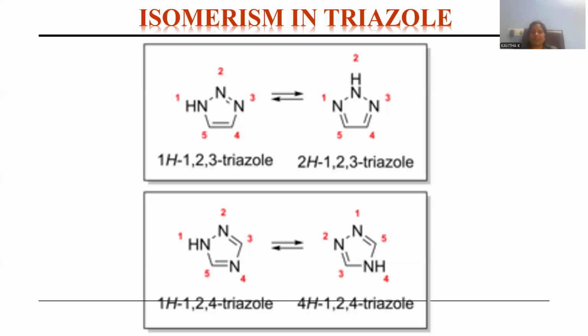Again, this 1H triazole of 1,2,4 triazole may participate in the same kind of hydrogen transfer, which is also part of tautomerism. So here hydrogen shifting from the first to the fourth nitrogen is observed. That is why 1H triazole is now transformed into 4H triazole by tautomerism. That is part of isomerism.